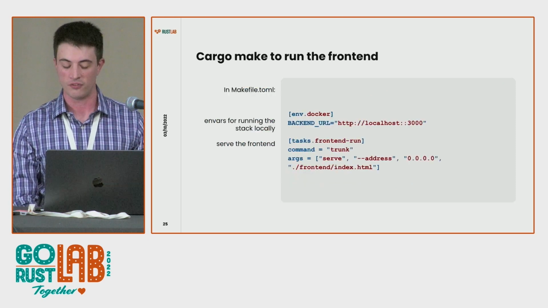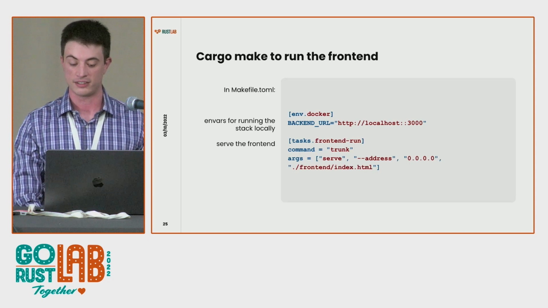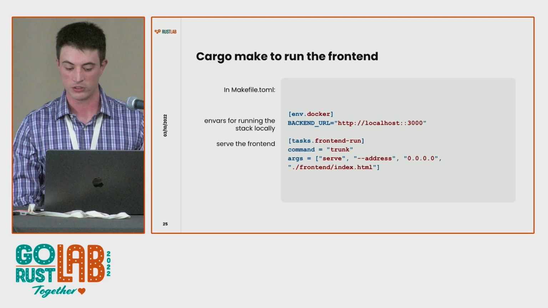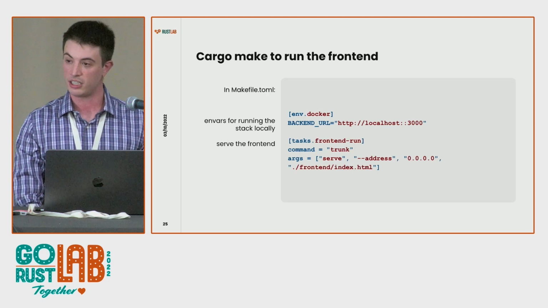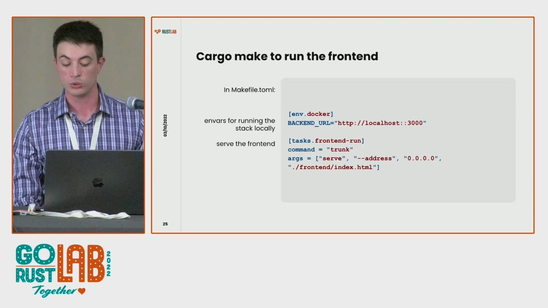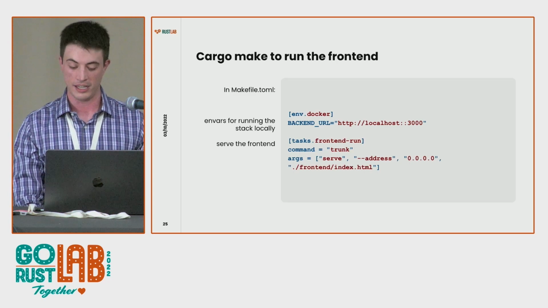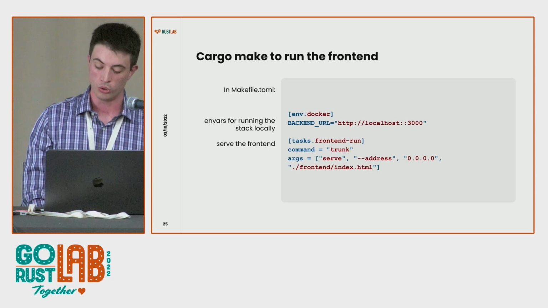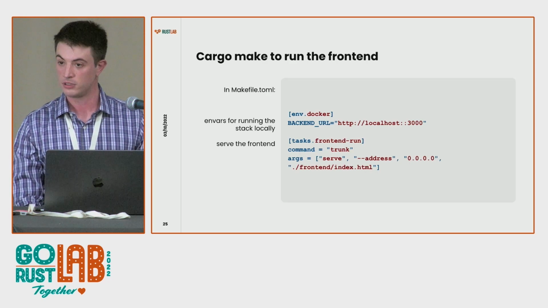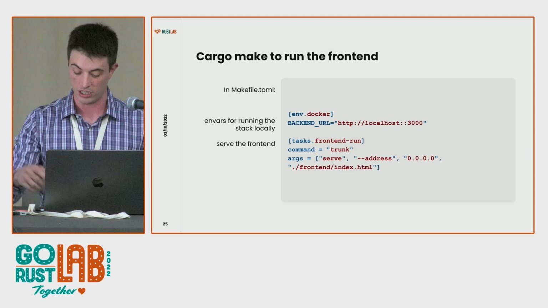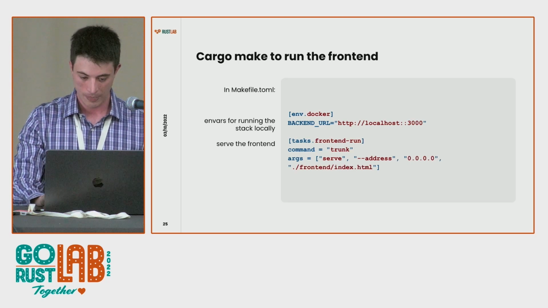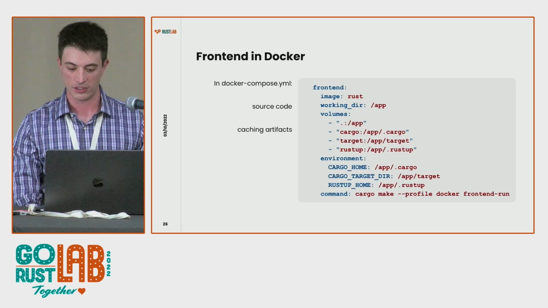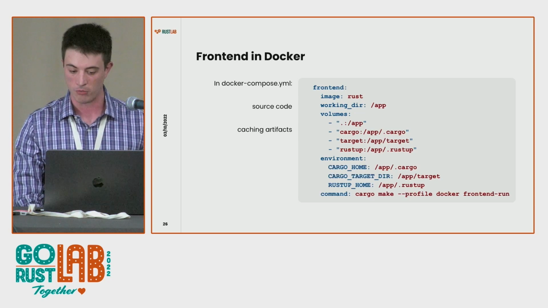So once we have the code, again, we can define a task called frontend run to actually serve the frontend. In this case, we use trunk, which is a tool to both build the JavaScript and WASM and HTML bundle, but also to serve it in development mode so that we can actually access the frontend. And then again, we just create a simple service in Docker Compose, starting from Rust.